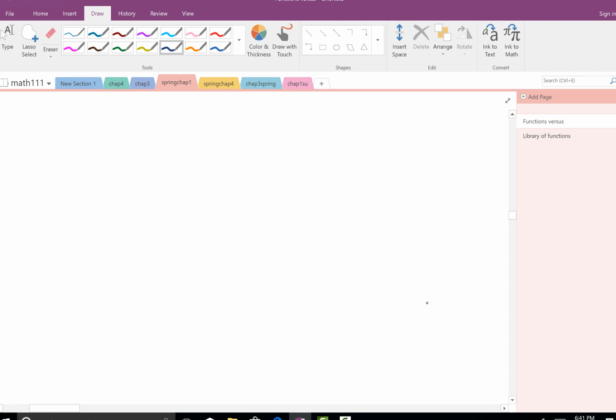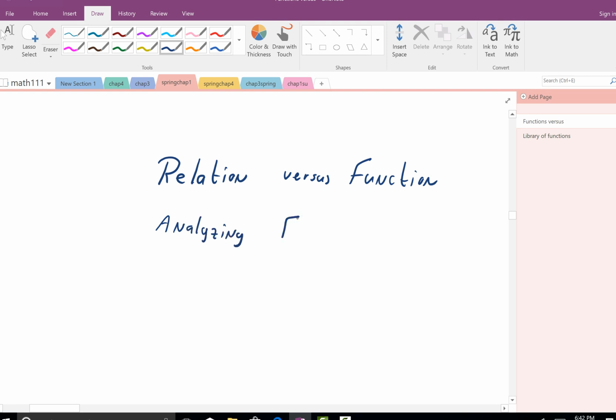So here's what we're going to talk about in this part. In the beginning, we're going to talk about what a relation is versus a function. And then we're going to do a lot of things with functions, analyzing them, I guess.